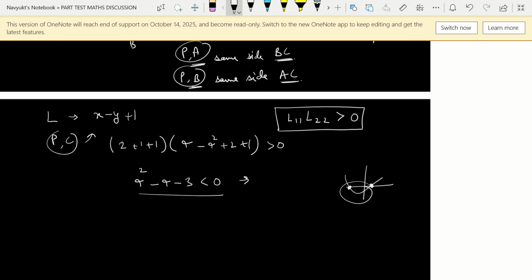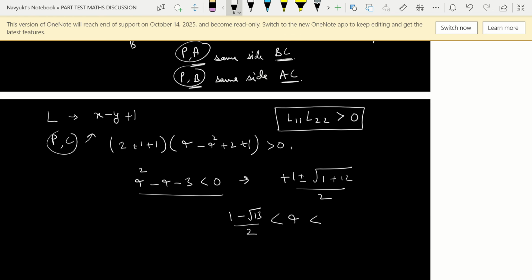So this part only is the less than 0 part, the part below the axis. We'll find its roots, which would be minus b plus minus root of b square minus 4ac, whole upon 2a. So alpha should lie between which two points? It's minus b, my bad, plus 1. So we'll get (1 minus root 13)/2 and (1 plus root 13)/2 is our first condition, right?